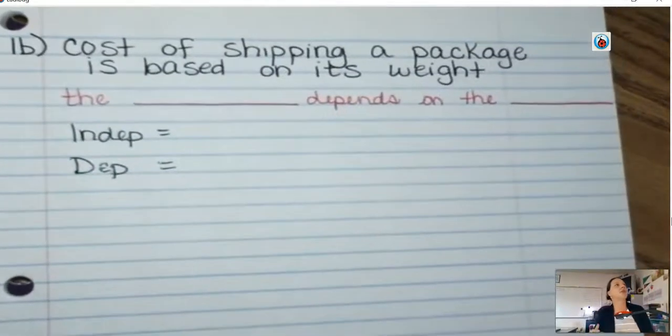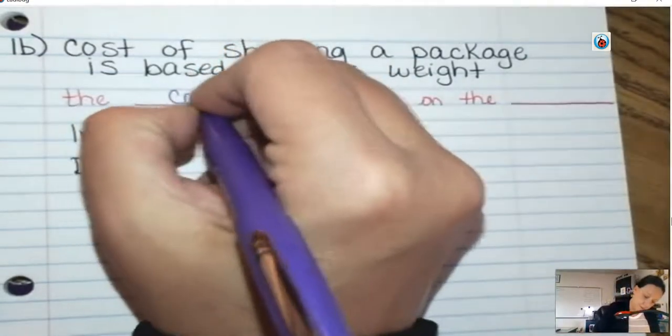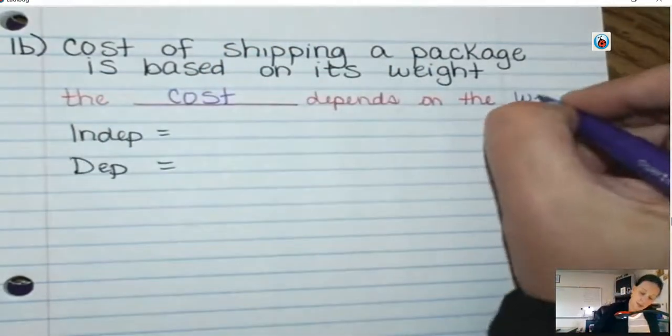Think in your head, does the cost depend on how much it weighs, or does the weight depend on how much it costs? It's going to be the cost depends on how much it weighs.